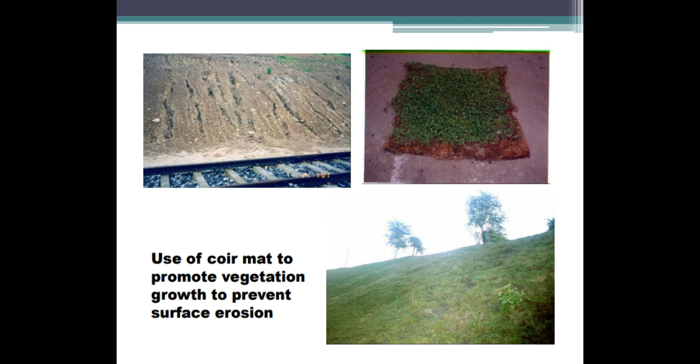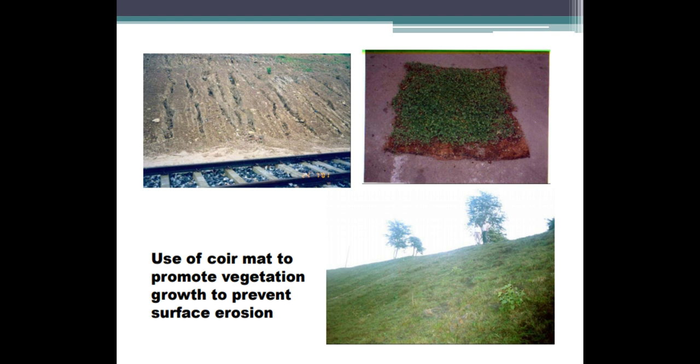If you see the first figure, there is a railway track very near the slope area. Whenever rainwater comes, there is soil erosion, and you can see gully formation. If you apply a coir mat along with vegetation, then within two seasons, as you can see in the third picture, there is growth of vegetation which avoids the soil erosion.